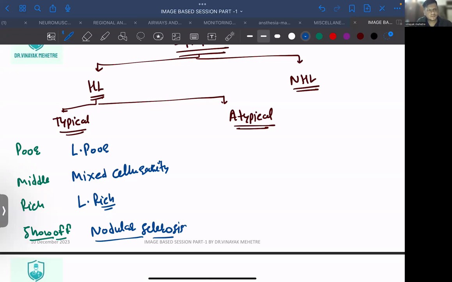But there is one guy you cannot see every day, you will see once in a life. That is the Ambani class, which is lymphocyte predominant.